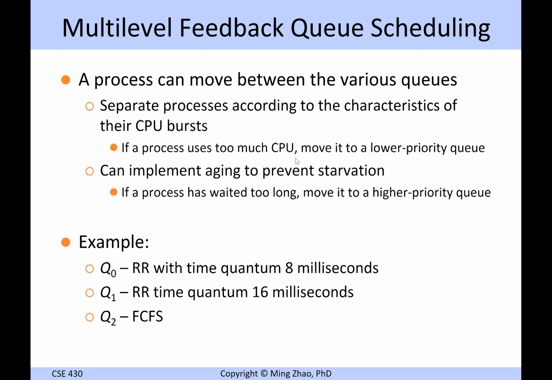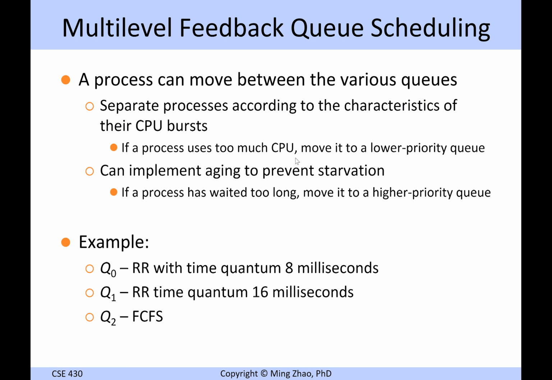For example, a process may change its behavior, change its characteristics in terms of its CPU burst. A process that we considered interactive before can become non-interactive. And how do we know that? We can detect it by observing the CPU burst.